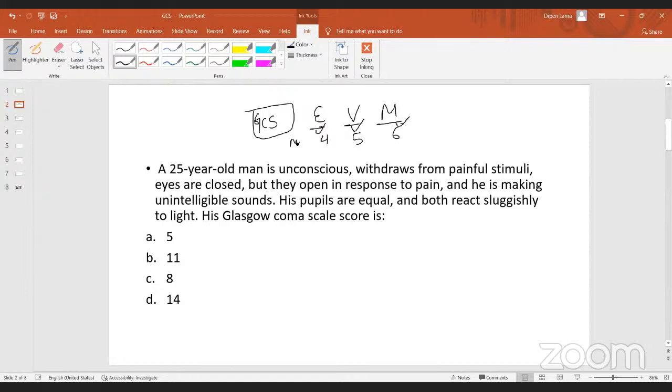This is maximum, and minimum is 1, 1, 1. So maximum GCS is 15, minimum is 3. So GCS ranges from 3 to 15. Okay, we'll come back to this question. But first of all, let us discuss about GCS in detail.